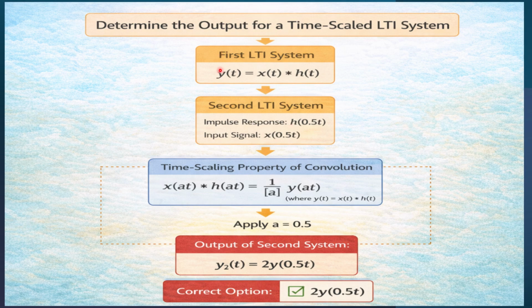In the frequency domain we can write X(omega) into H(omega), and then we shift according to the time domain, and correspondingly we can observe the output. So these are the steps.